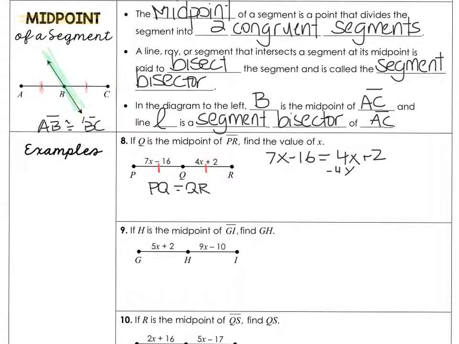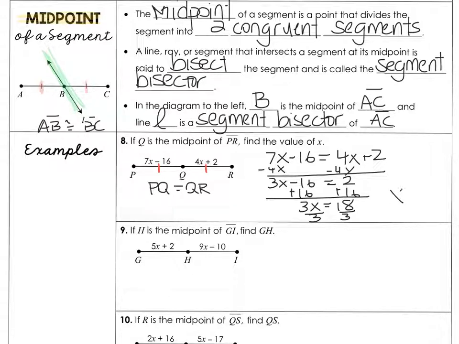Subtract 4x. Add 16. Divide by 3. And I am only looking for the value of x for this first problem.